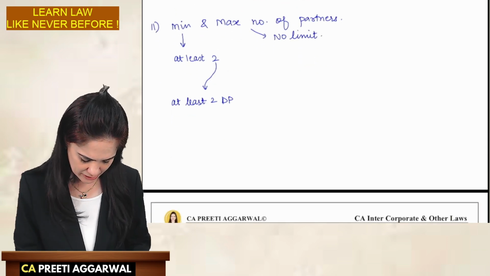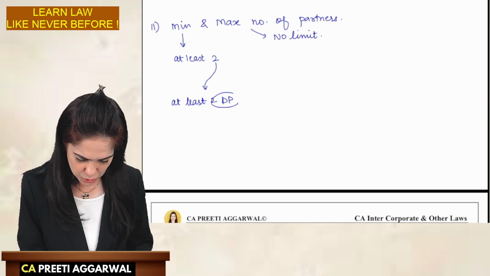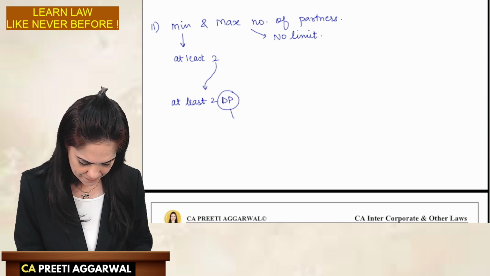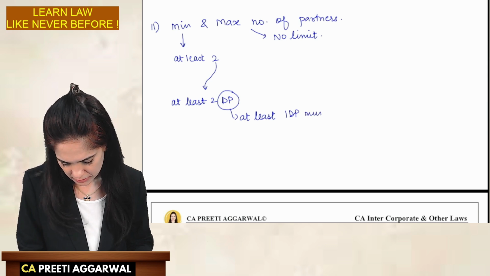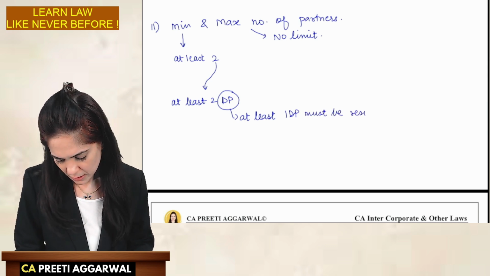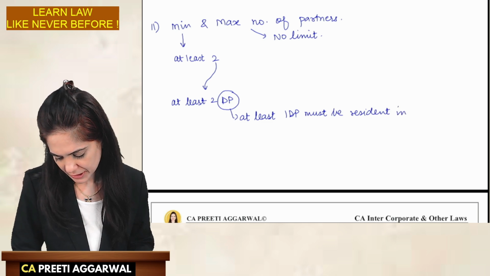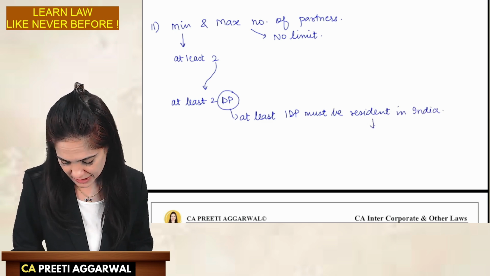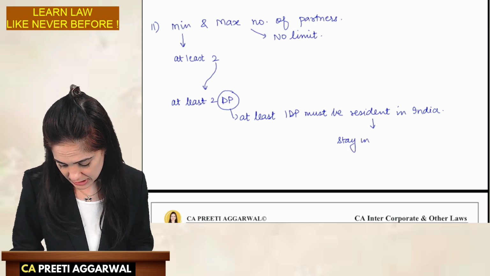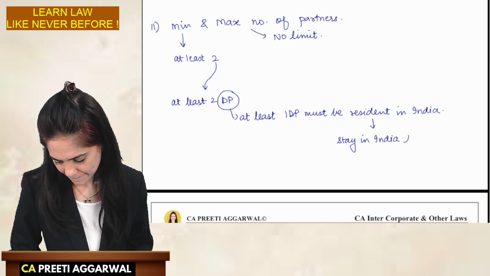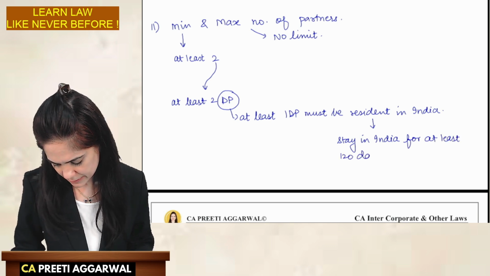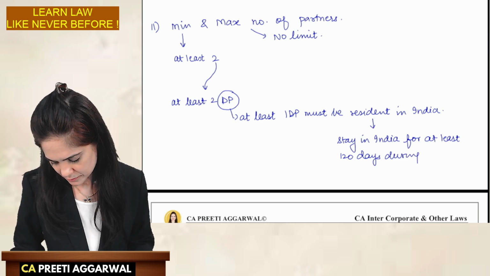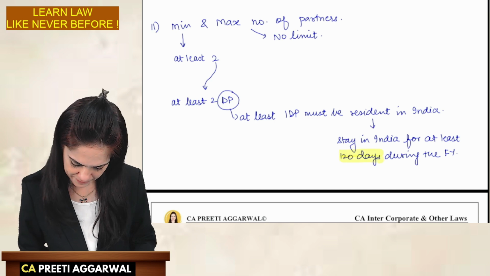So at least 2 designated partners. Out of these, at least 1 designated partner must be a resident in India. What is the meaning of resident? Resident means he must stay in India for at least 120 days during the financial year.